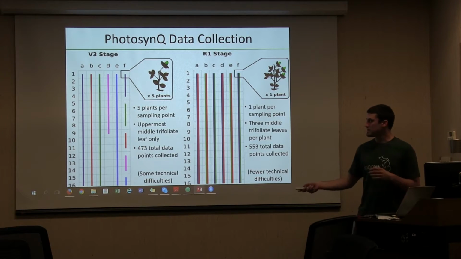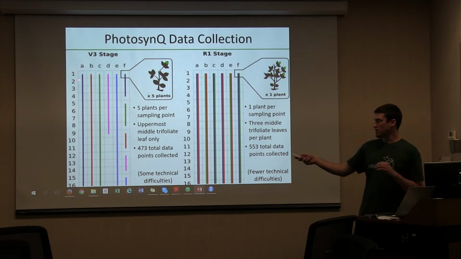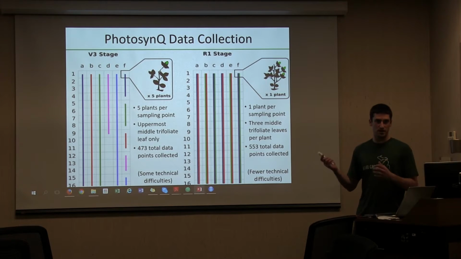At V3, they took measurements only in the morning, and used 1 device per row. In row A, where I took samples, they had 1 person go, and in row B, they were measuring 5 plants within that row.